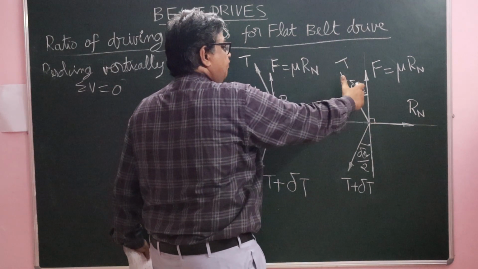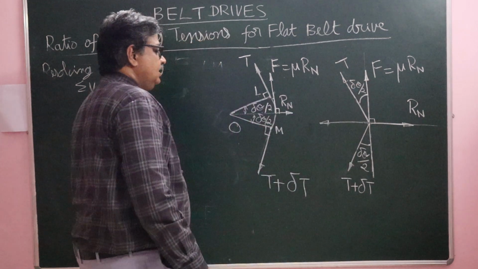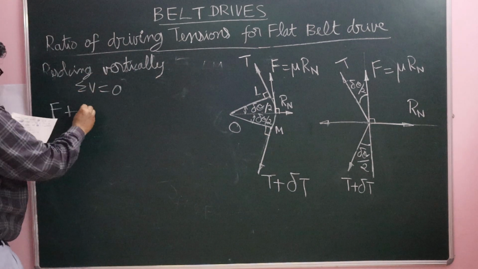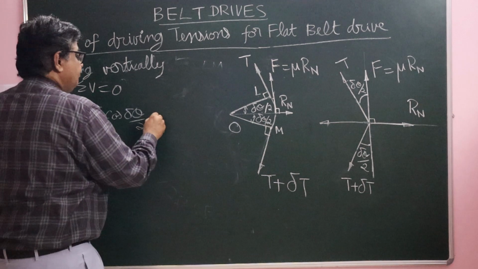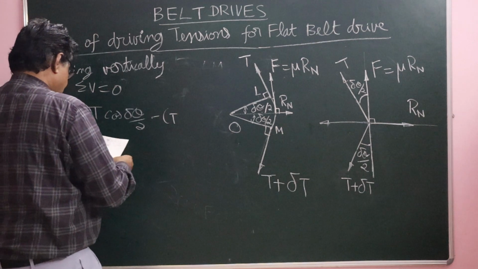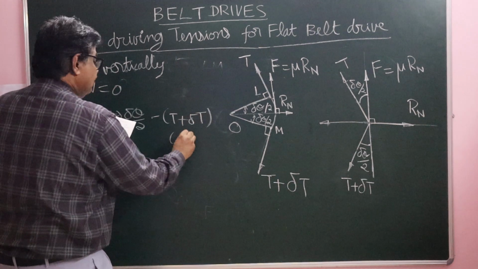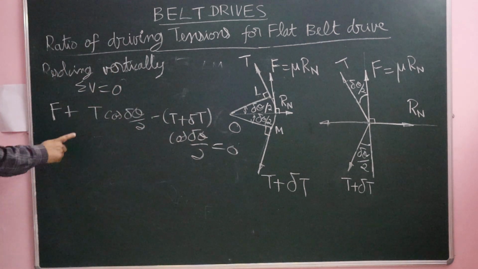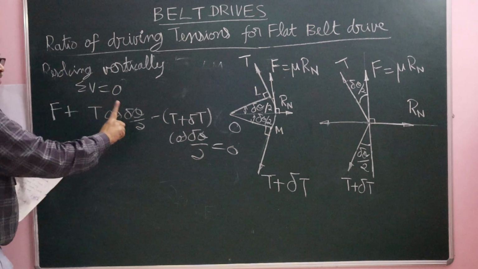F plus T cos del theta by 2 minus T plus del T cos del theta by 2 equal to 0, with upward force positive. Since del theta by 2 is very small, cos del theta by 2 is cos 0, which is 1.